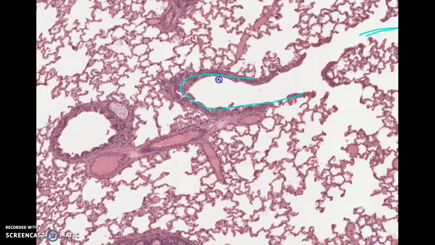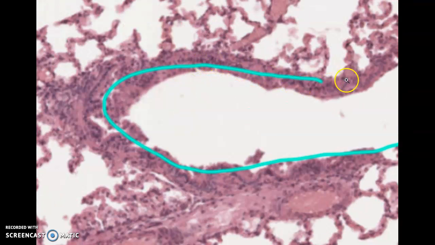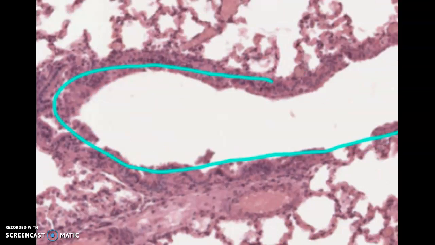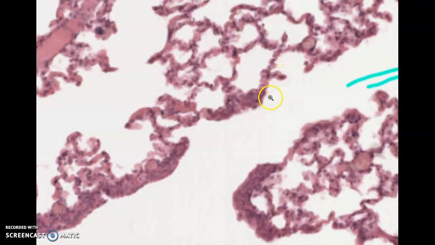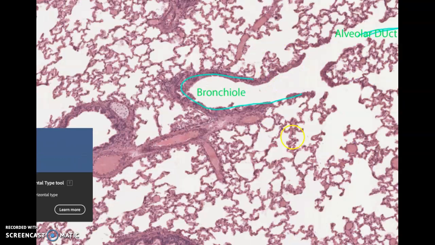So if I zoom in, so it's thicker, I know this is a muscle layer in it. And if I scroll over now and scroll up, these are just simple cells right there. There's no muscle layer. So the bronchiole is all of this right there. And then this is the alveolar duct. This is a second alveolar duct.